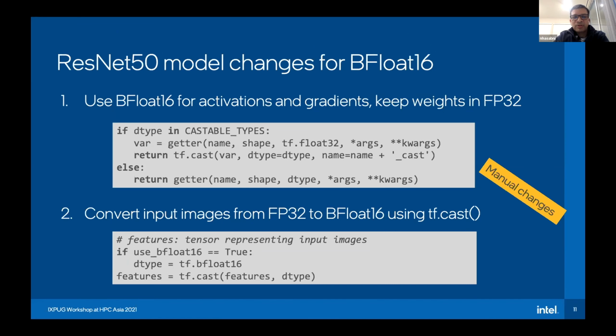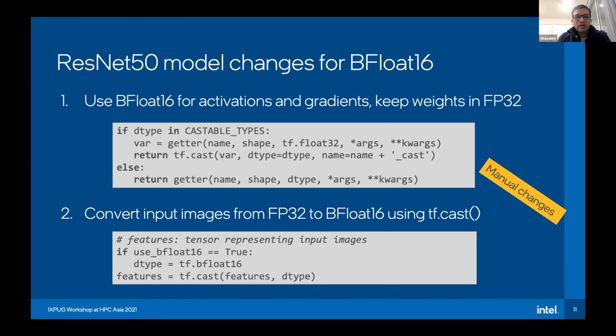And this is the standard procedure that is followed for enabling mixed precision or BFloat16 data types in deep learning. So essentially what we did was to use TensorFlow's cast API, which is a Python API for casting tensors from one type to another. And we introduced this tf.cast operator between the layers that support BFloat16 and the layers which do not support BFloat16.